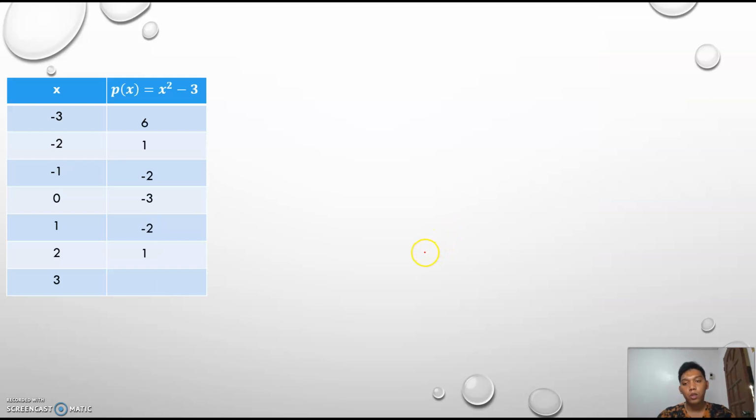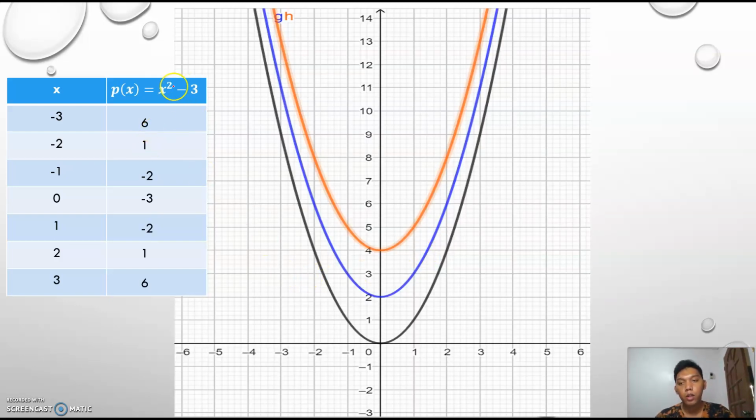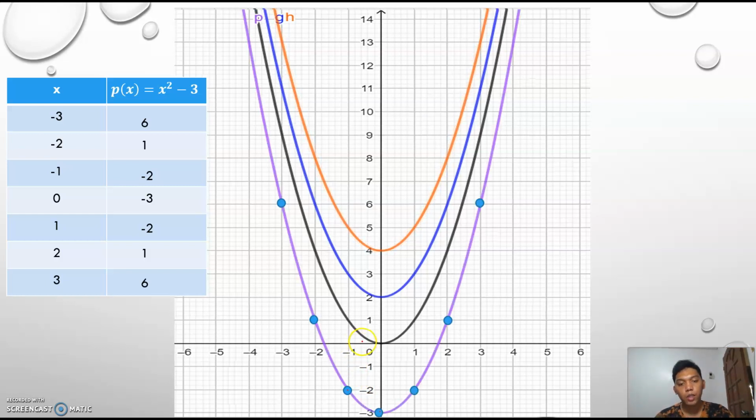Same with negative. For example, this one, negative 3, so 1, 2, 3, the vertex will be here. And then this point, 1, 2, 3, it's down here. Since it's negative, you're going to count downwards. So yeah, that's it.